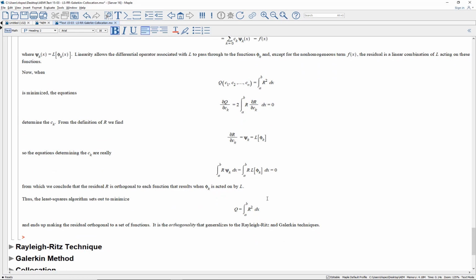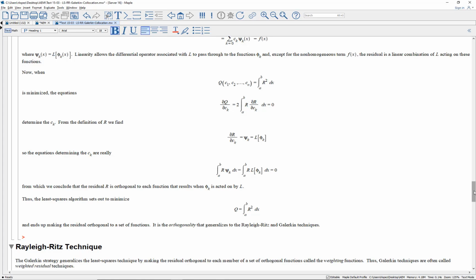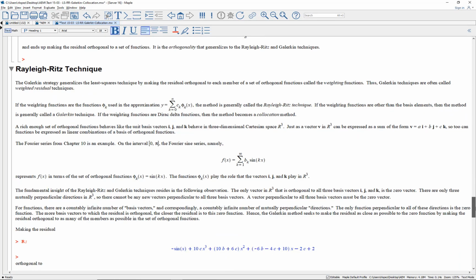But what do you make r orthogonal to? If you change what you make r orthogonal to, you get a different method. And that's what distinguishes these phrases that you get in the literature, Galerkin, Rayleigh-Ritz, etc. So what do we make the residual orthogonal to in the Rayleigh-Ritz technique?